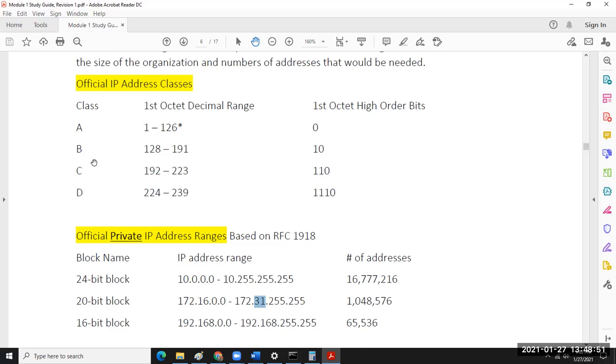But up here, if the first octet is 192, it's public. Well, not if it's 192 and the second octet is 168. I want everyone to understand that. 192.167 is public. It's officially public. As soon as you get to 168, it's private.